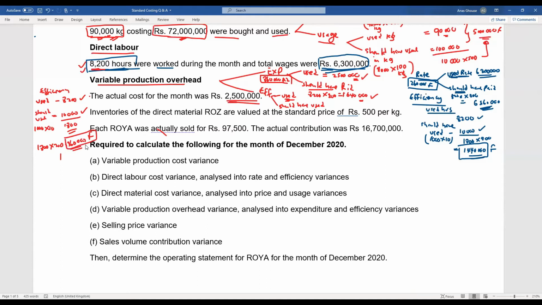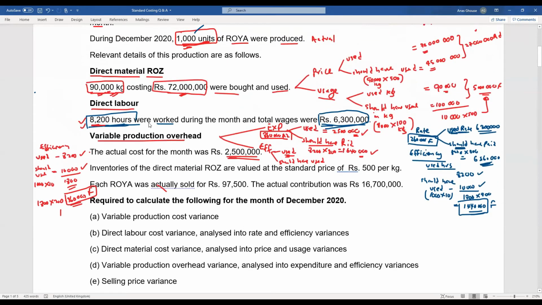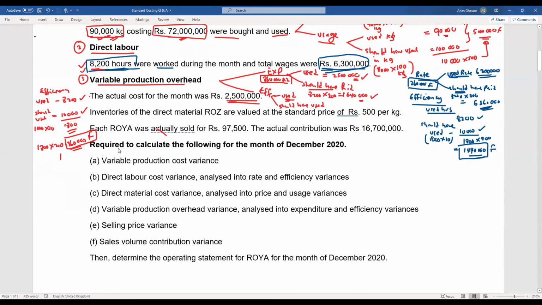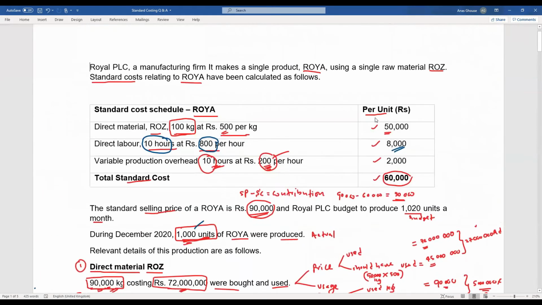Now we have calculated three main variances: direct material, direct labor, and variable production overhead. In addition, you are given that inventories of the direct material are valued at the standard price of 500 per kg, which is the cost as per plan.